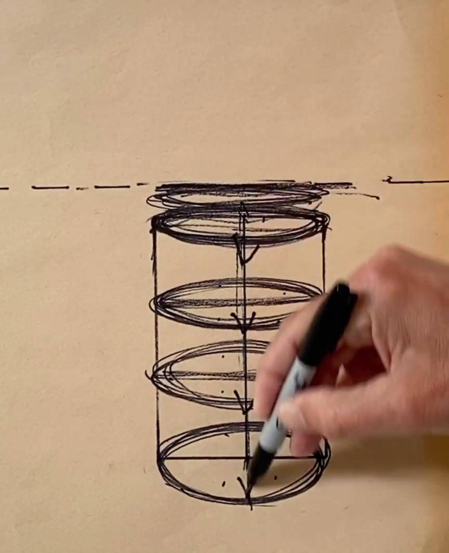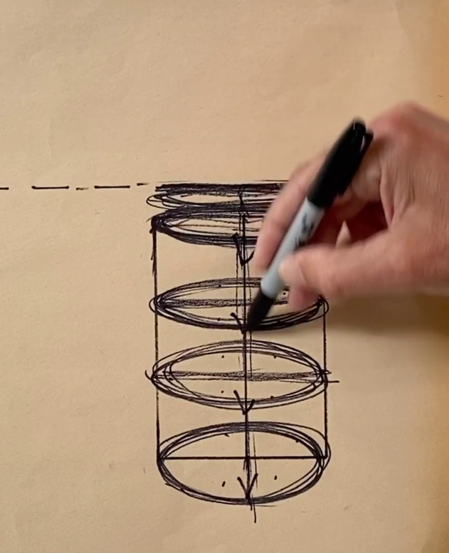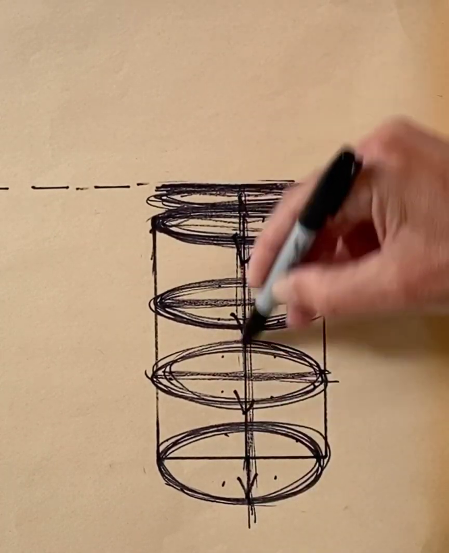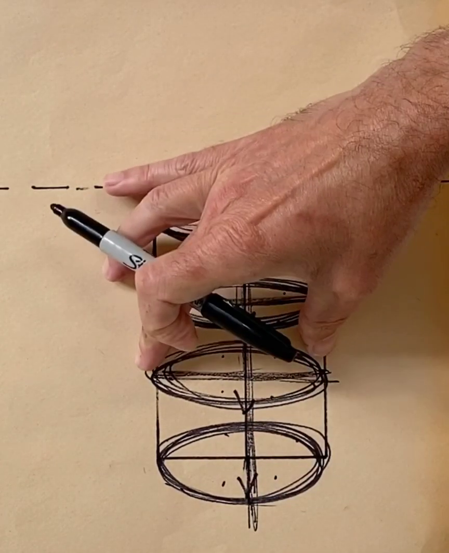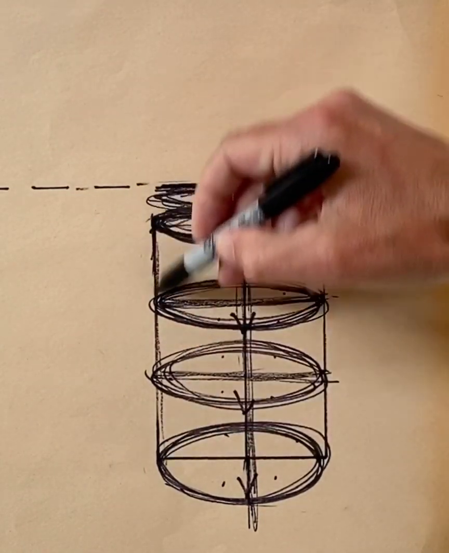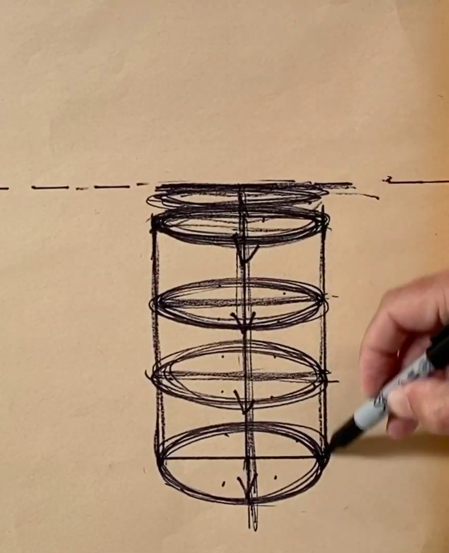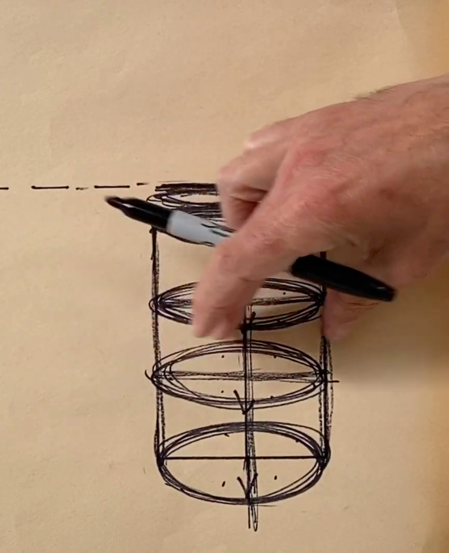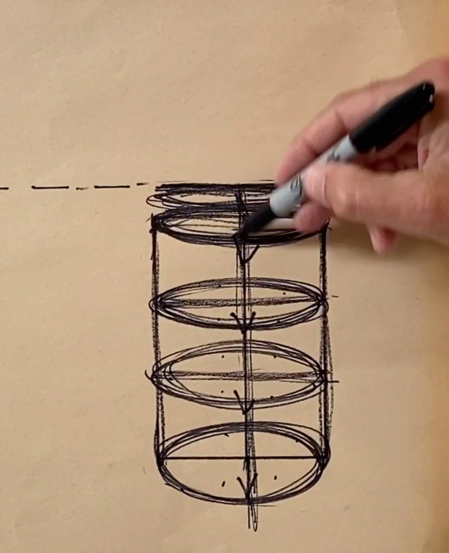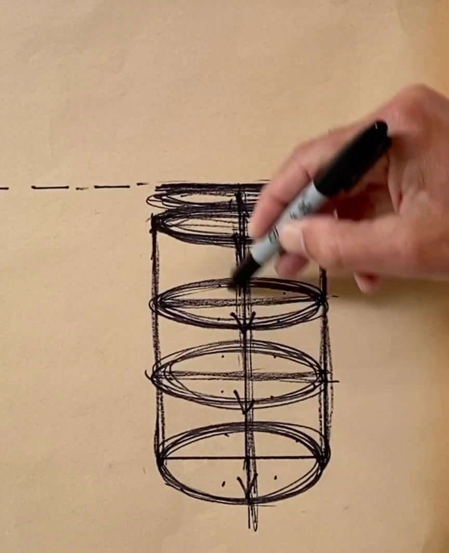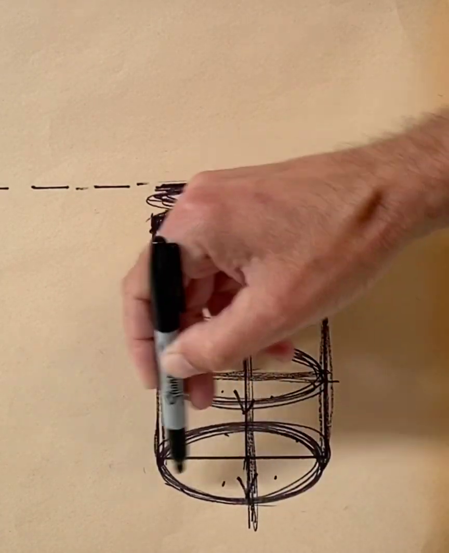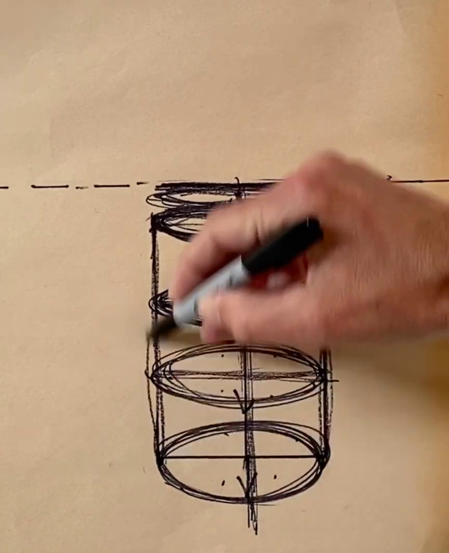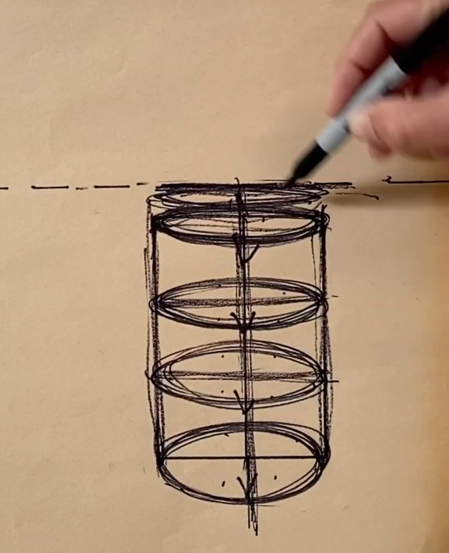And then the other thing is that when you form the glass, the first thing you want to start off with is the center axis line, and then you want to figure out the width of the form, and obviously both sides need to be equal. And again, the rule is that as these ellipses move down, they're going to get wider no matter what, and that will make the glass look dimensional.